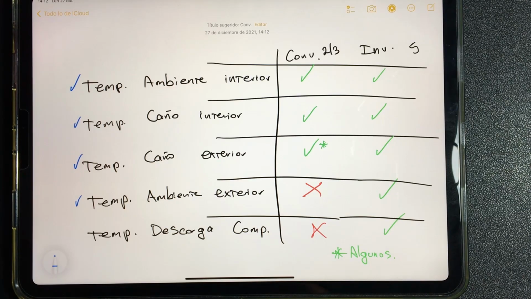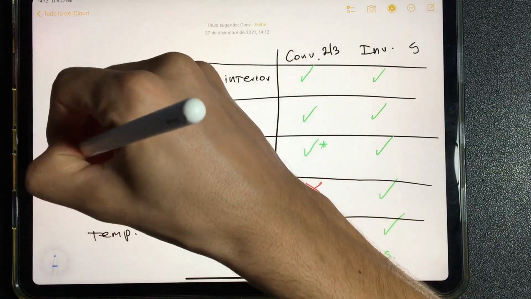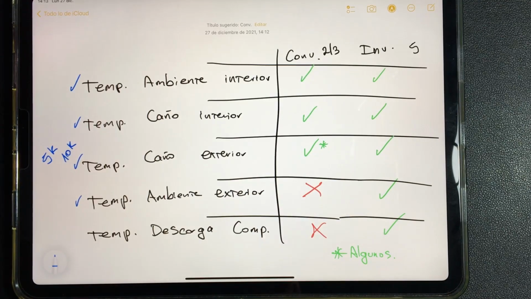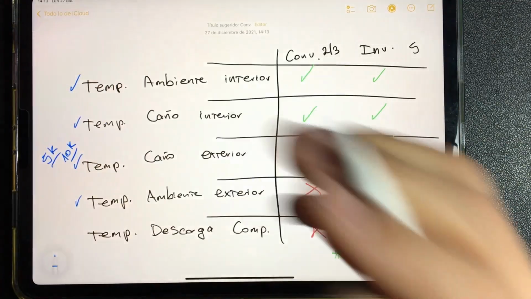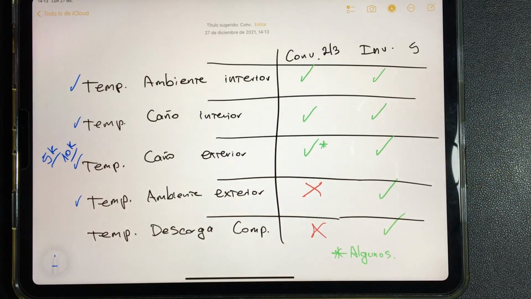Of course, it does not reach 60 degrees in many parts of the world, but if they are temperatures close to ambient temperature, then the values of these sensors are usually similar. For example, they usually place 5K or 10K, although some manufacturers vary the values, but approximately they are like this and they are all similar. Now I will explain why in a moment.